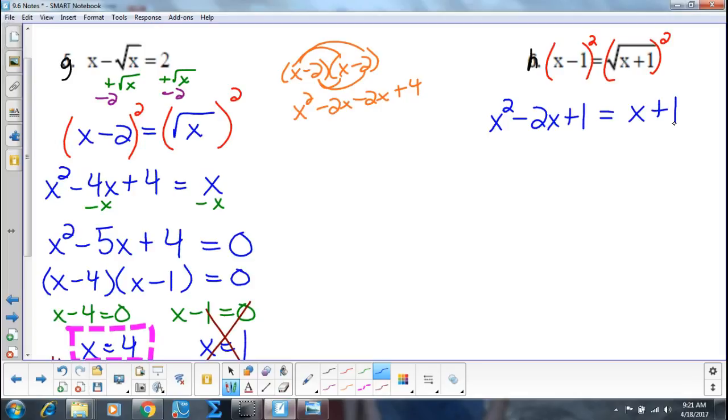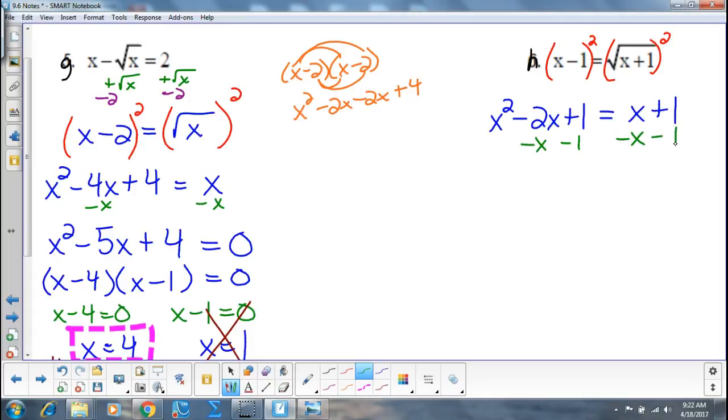Get it equal to 0. So I'm going to subtract x and subtract 1 at the same time. Okay, so then that gives me x squared minus 3x equals 0.